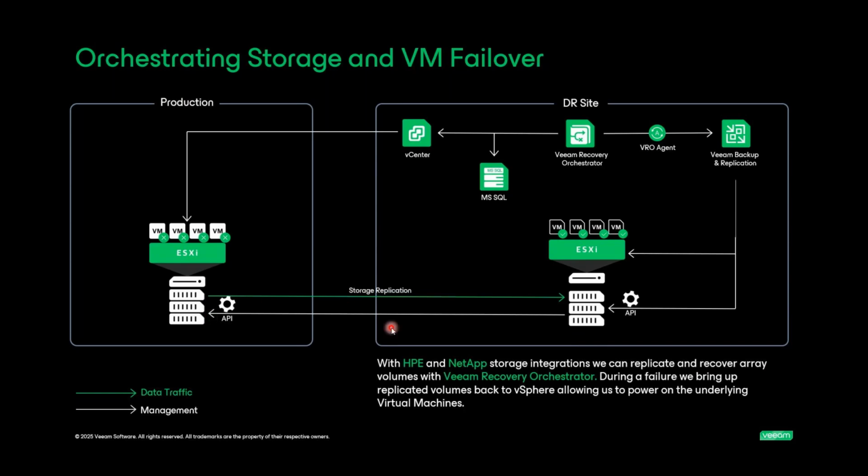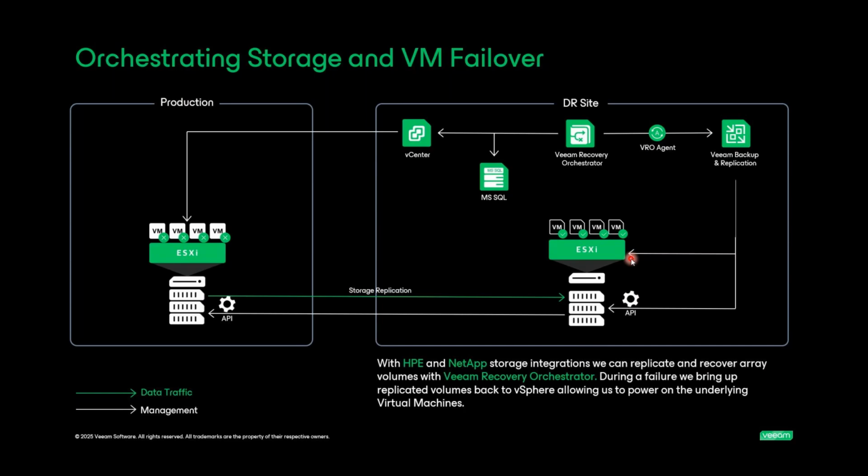The volumes that are protected in the background by storage replication can be read by VRO, and the VMs that are being replicated there in the background can be automatically recovered by VRO. The process is that we see what VMs exist on the replicated volumes.